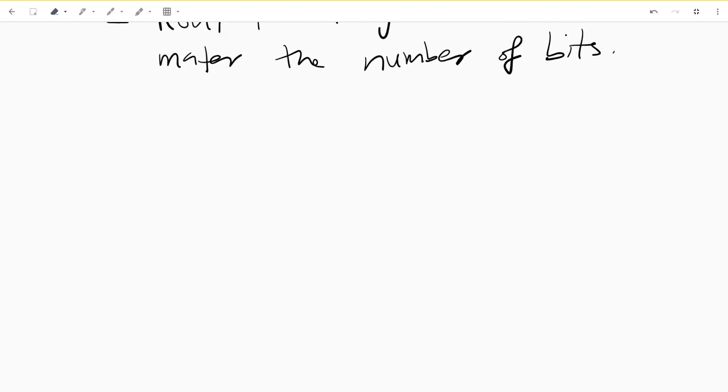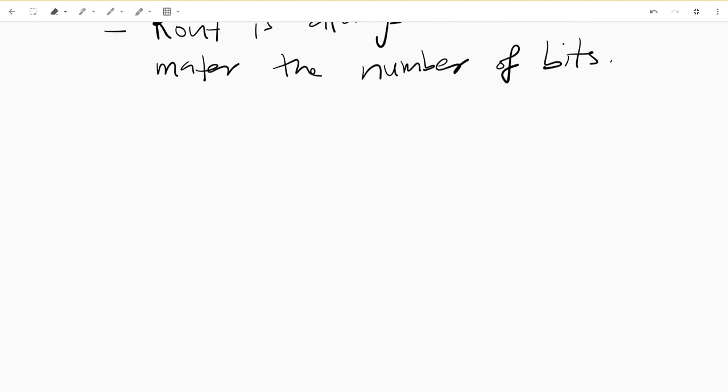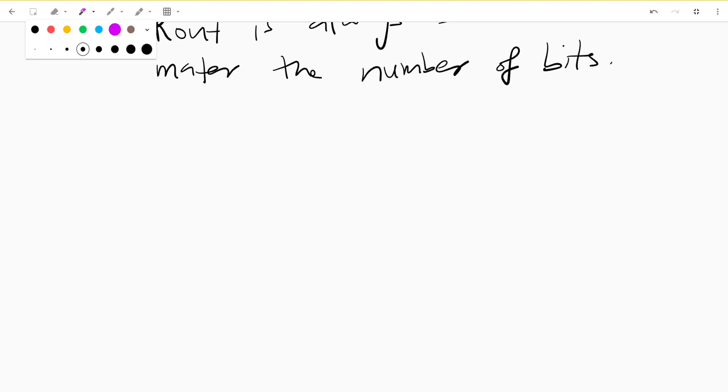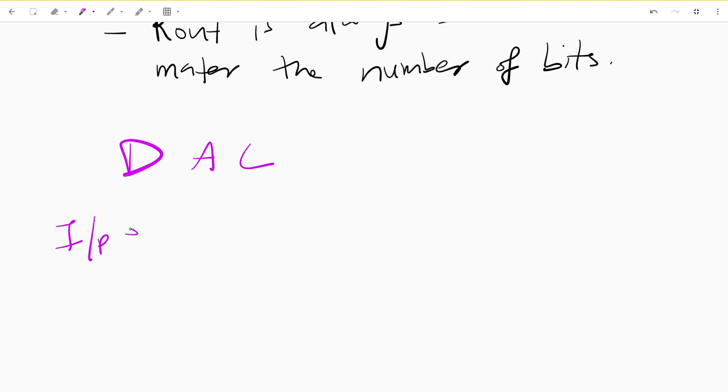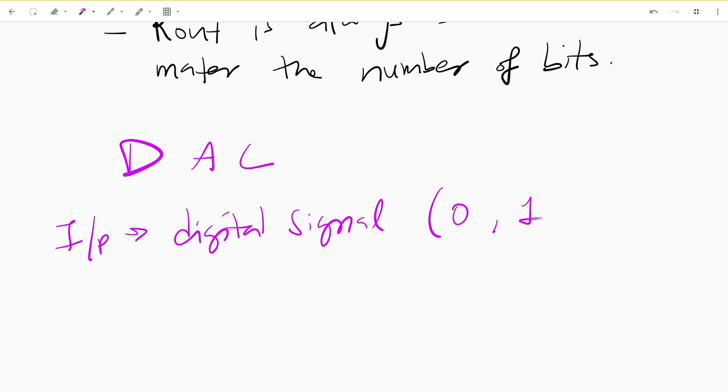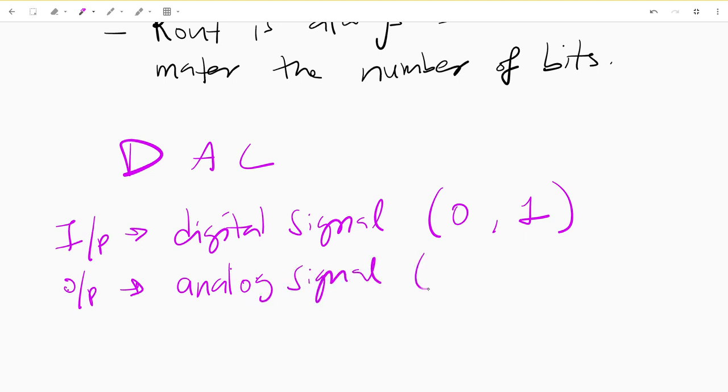So I'm not going to dive too much into a lot of details on what a digital to analog circuit does, but in brief speaking, a DAC's inputs are a digital signal, so this is like a 0 or a 1, and its outputs are an analog signal, which is a voltage value.